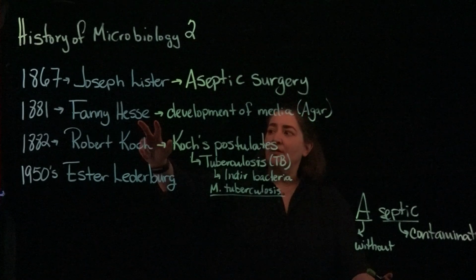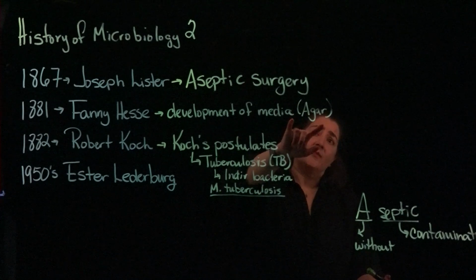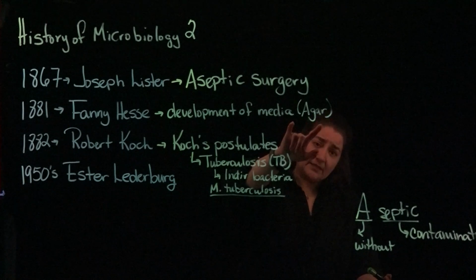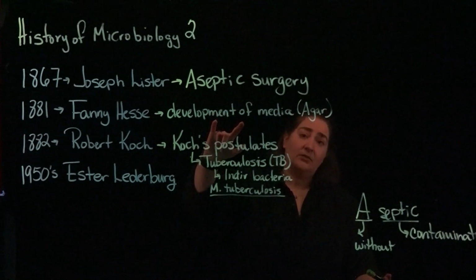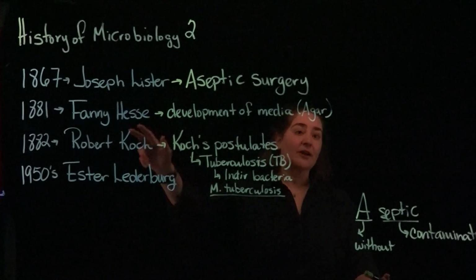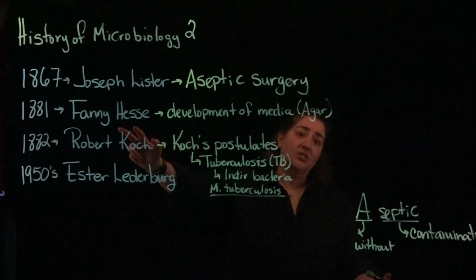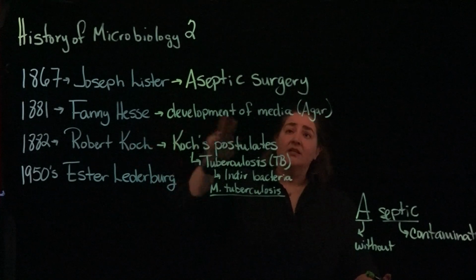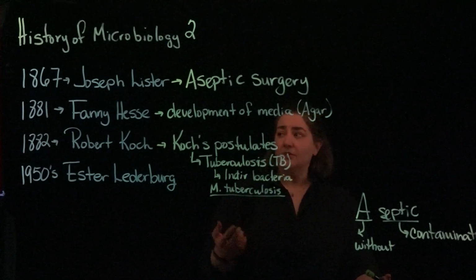So in 1881, Fanny Hesse introduced with her husband in their lab the use of agar and agar plates to culture what they couldn't see, to culture those microbes. Robert Koch used their materials, although never actually credited Fanny Hesse, which is why I have Fanny in here, because she deserves the credit for a lot of what we do in modern microbiology, just by coming up with materials that we can use.